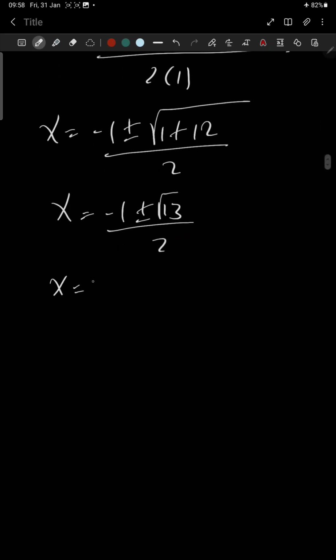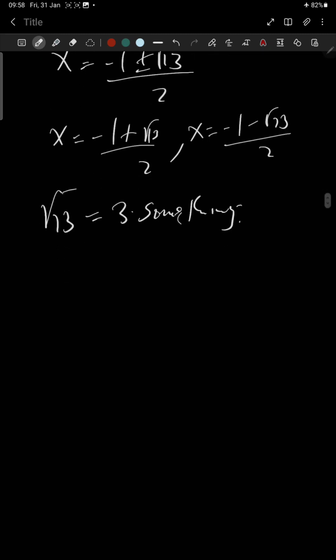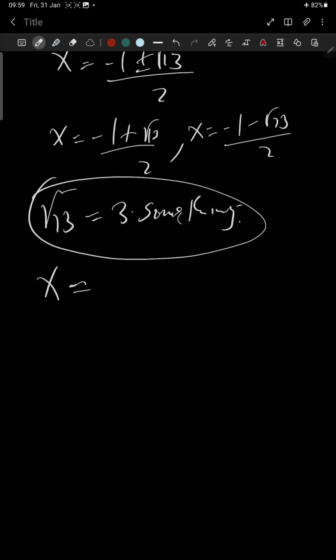So x is equal to negative 1 plus the square root of 13 over 2, or x is equal to negative 1 minus the square root of 13 over 2. Now, what is the square root of 13? Approximately, the square root of 13 is 3 point something. You don't have to write this in your answer sheet, this is just for you to know.